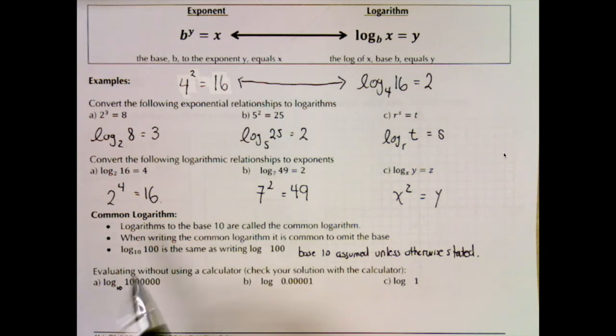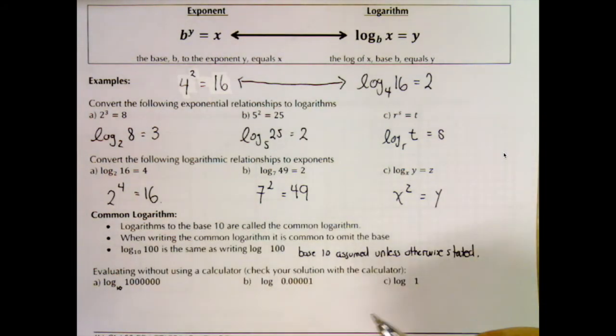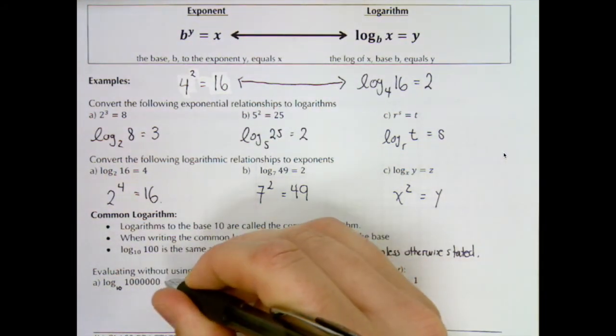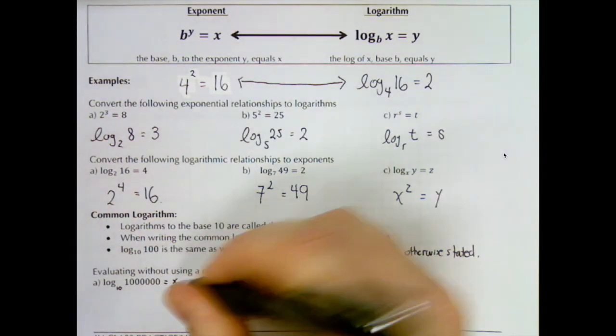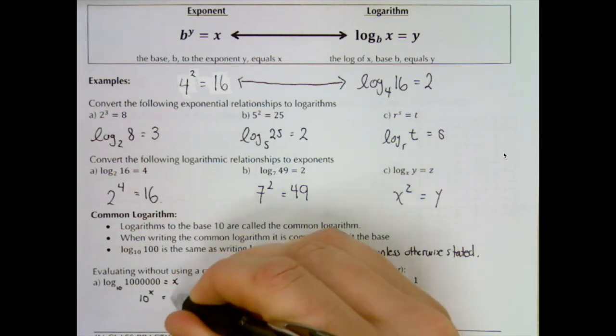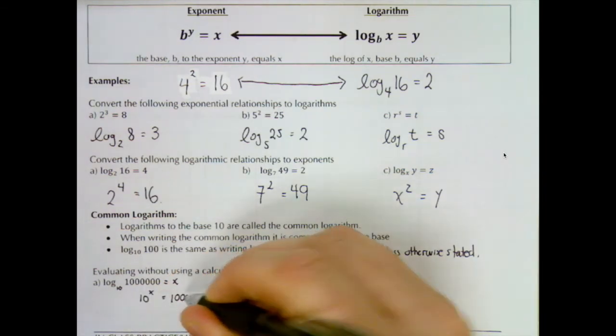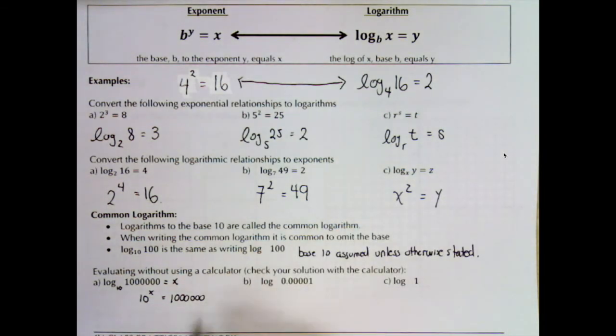We can turn this into a power to see that, and that might help us come up with the answer without using a calculator. So if we were to rewrite this as a power, we would say this equals x. X will become our exponent, so 10 to the exponent x is 1,000,000, a 1 with 6 zeros.